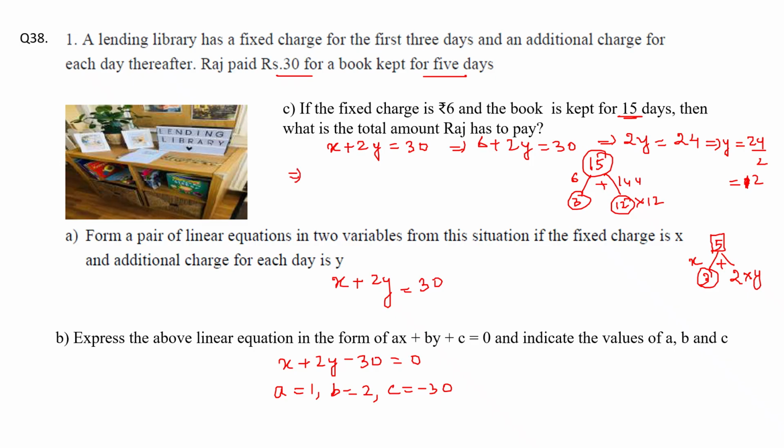So now you have to write here, 6 plus 12 into 12. This is the amount paid. So it will be 6 plus 144, which will give me 150 rupees. So this is the answer for the last part.